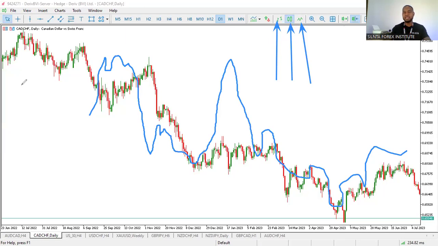We're going to have a separate lesson, like I said, tomorrow, hopefully, on candlesticks. What are candlesticks? How are they formed? How do you interpret them? How do you use them to trade? That is what we're going to learn tomorrow.